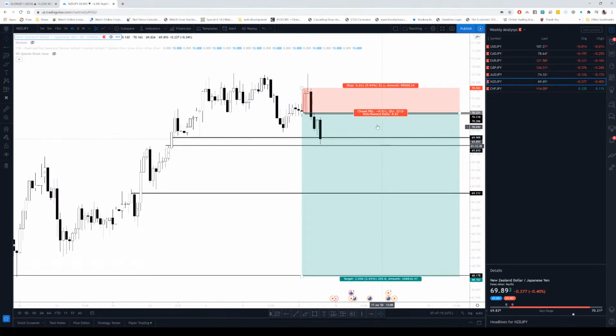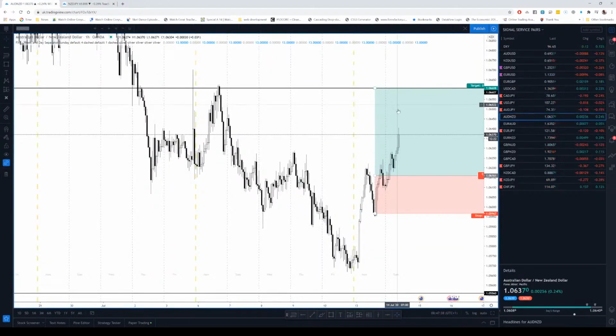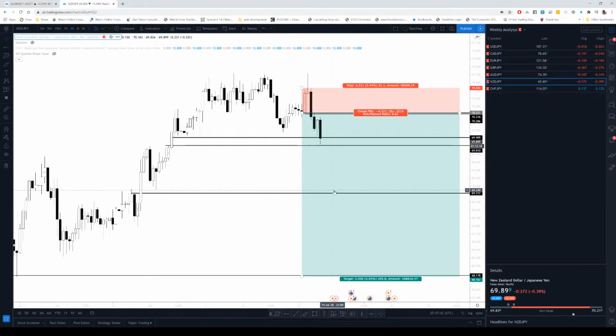And if you can see which one has dropped further, with all the yen pairs dropping, which one has dropped further? This is dropped 38%, and then followed by the CAD. Okay, so that's why I like this one, because this pair is rallying. So as long as this is rallying, this is gonna drop further.